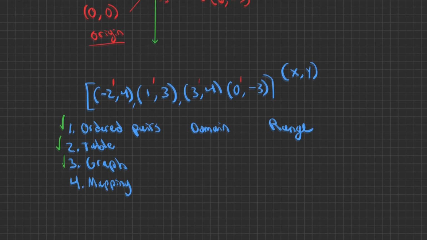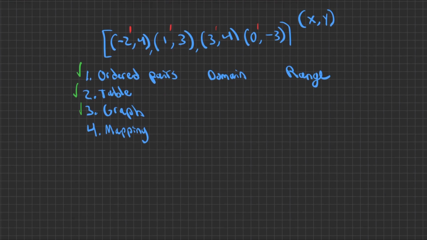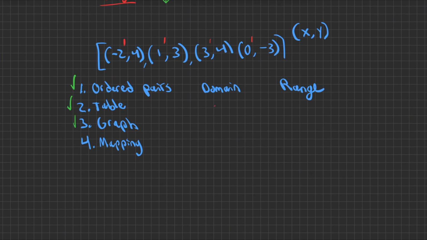So the domains we have for these 4 points are -2, 1, 3, and 0. Let me put these all in a big circle. And the ranges we have in these points are 4, 3, and as we can see here, we just did 4, we did 3.